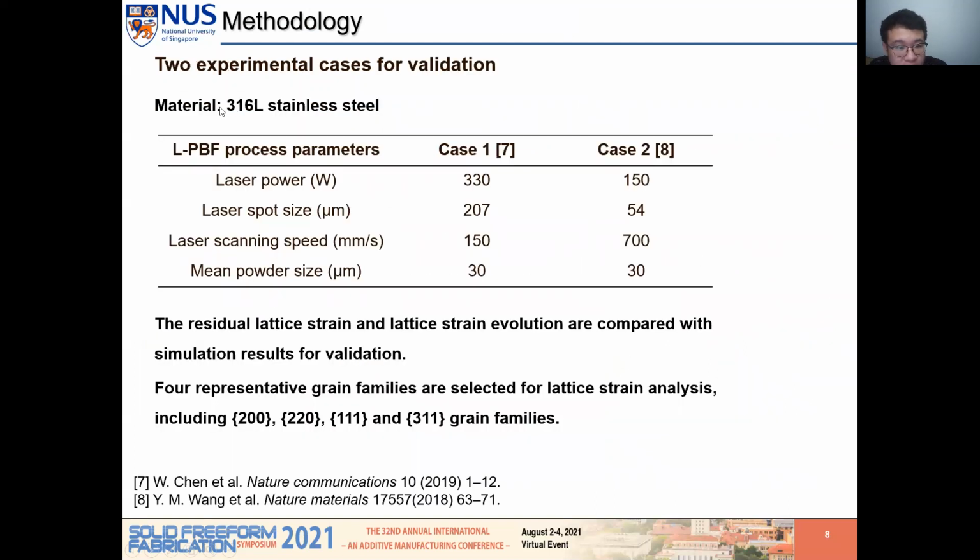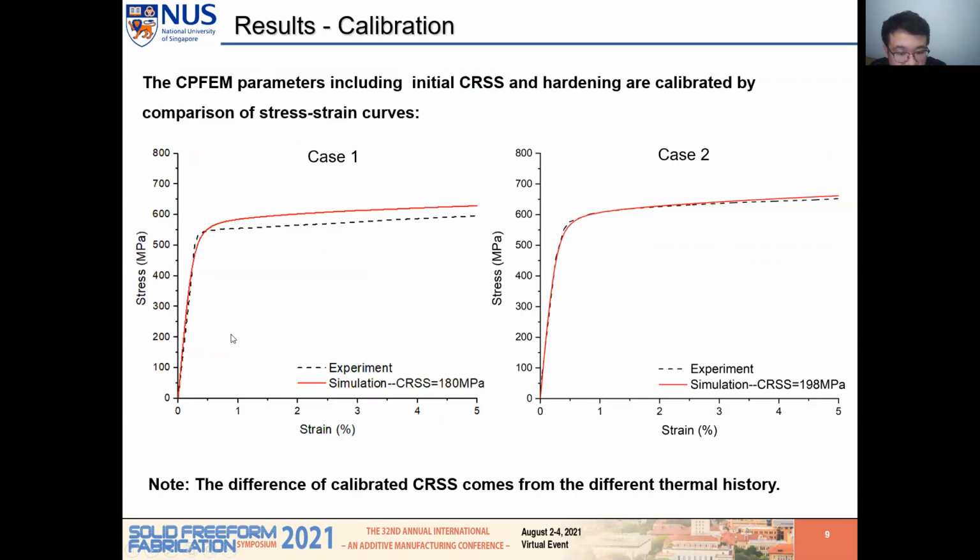After building the simulation chain, we use two experimental cases for model validation. The material is 316L stainless steel made by LPBF. In both experimental works, they have different process parameters, and the residual lattice strain and its evolution for four representative grain families are compared with our simulated results. First, we need to calibrate the CPFEM parameters, including the critical resolved shear stress and hardening behaviors.